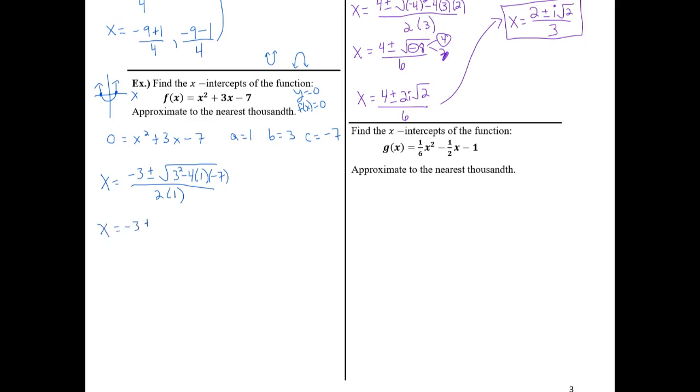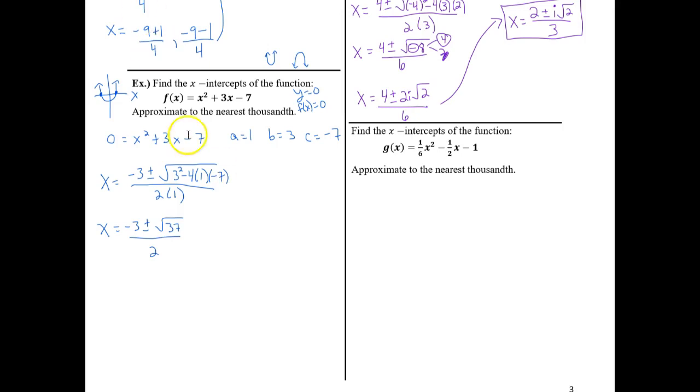Alright, simplify what's under the radical. We have 3 squared, which is 9, and negative 4 times 1 is negative 4. Negative 4 times negative 7 is a positive 28. So we'll have 9 plus 28, which will give us 37 underneath the radical, and 2 times 1 is 2.